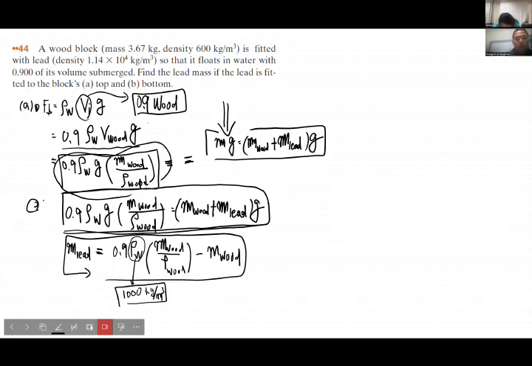And the mass of the wood is 3.67 kilograms, and the density of the wood is 600 kilograms per cubic meter. And the mass of the wood, the same thing, is 3.67 kilograms, right? Can you plug the numbers and tell me how much mass you got?